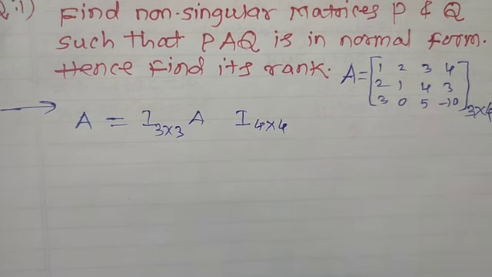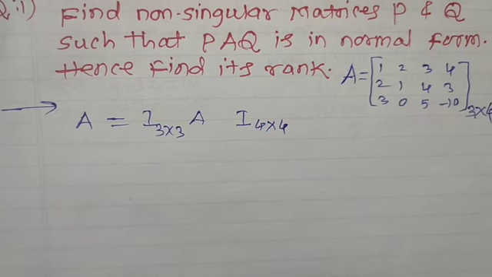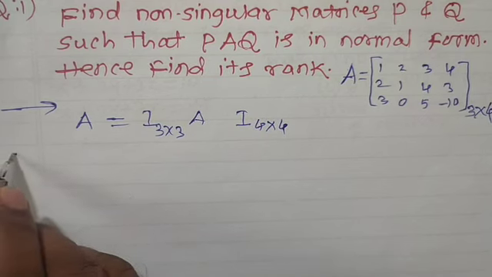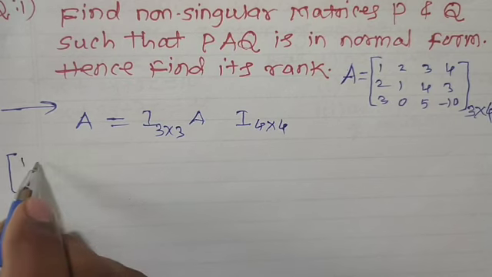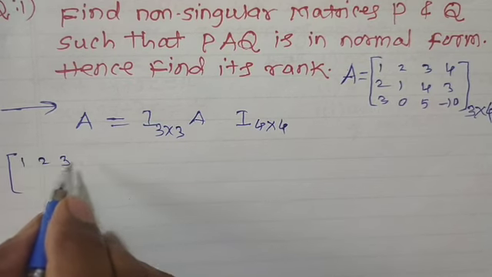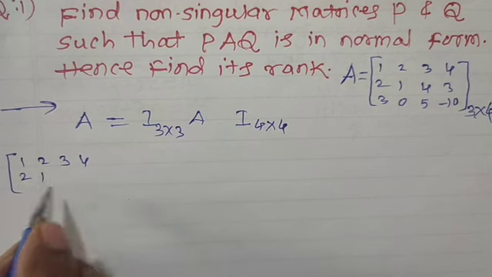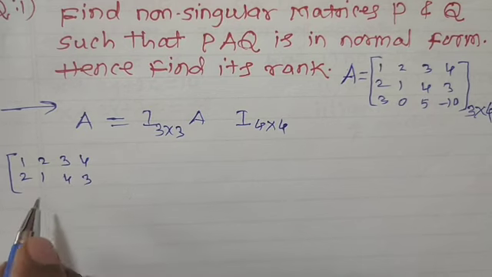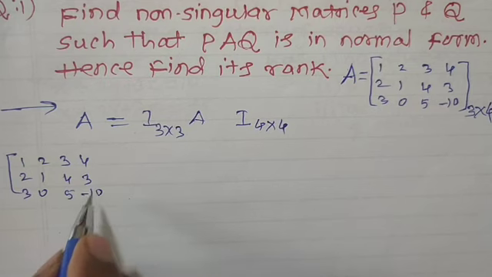given matrix. Okay, now we have to express this given matrix as it is: 1 2 3 4, 2 1 4 3, then 3 0 5 minus 10.